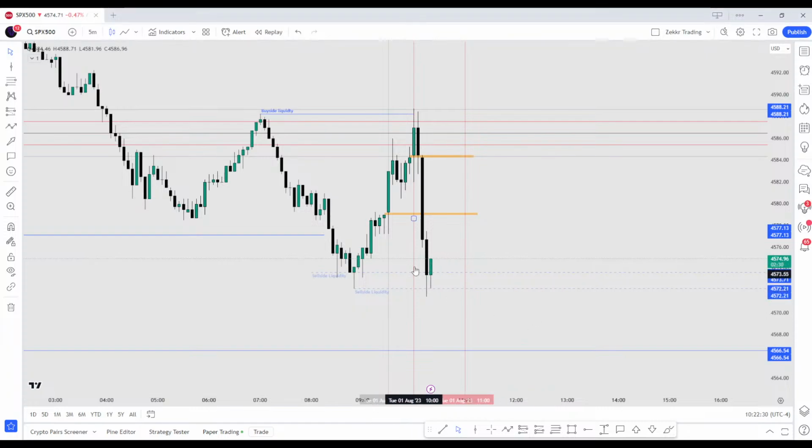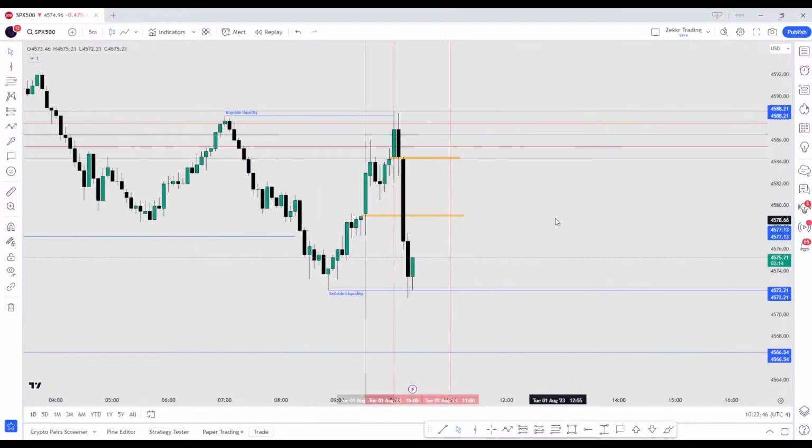And we're going up. Yeah, it would be nice. So we took the sell liquidity, which I'm gonna just do that. I'm gonna delete this. We do have this volume imbalance and this volume imbalance, a rebalanced volume imbalance price range, which could be a really nice resistance.